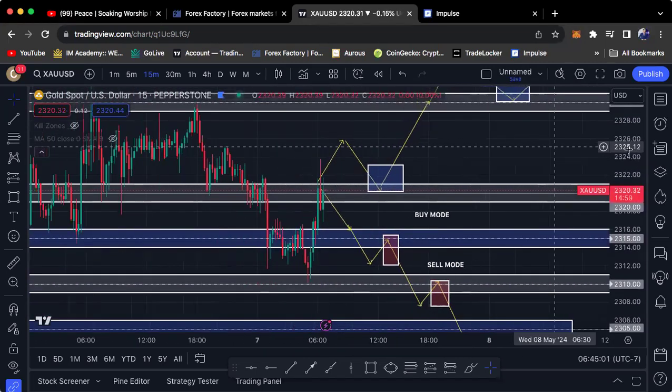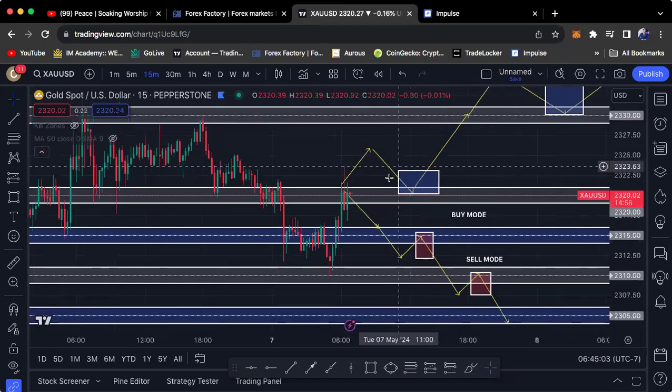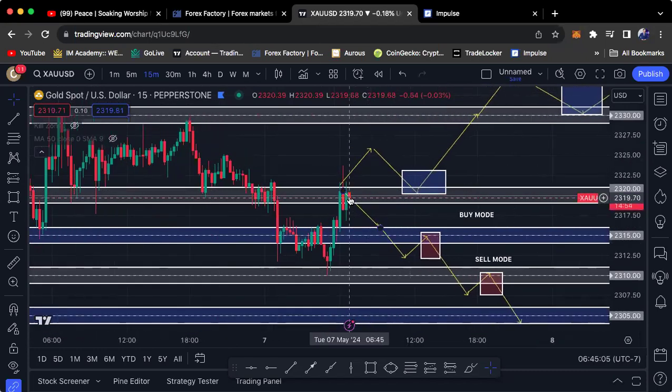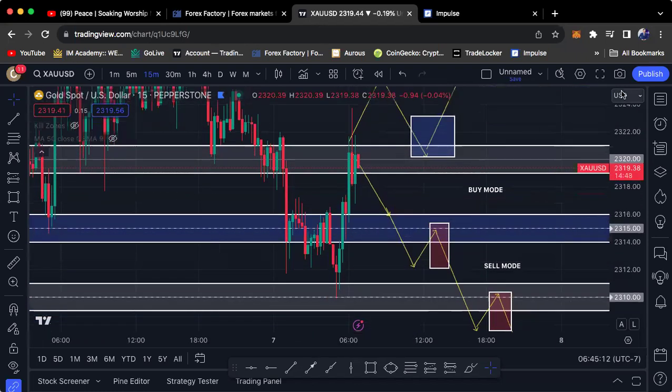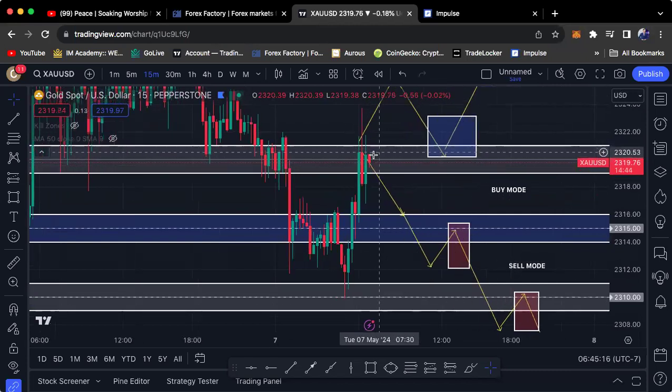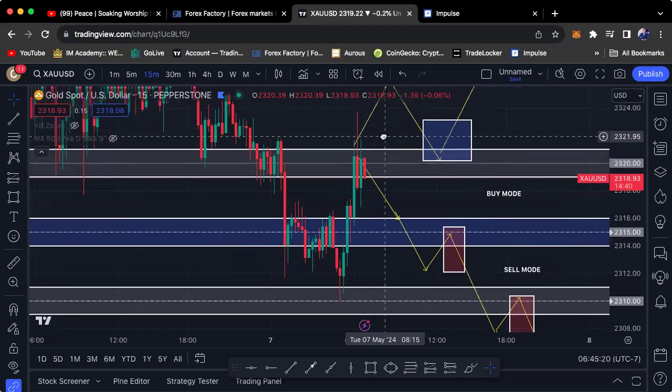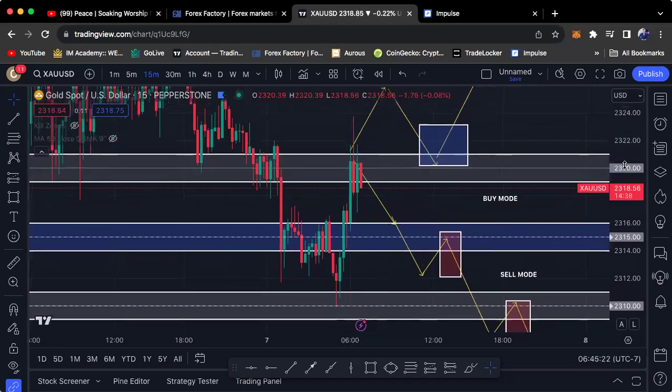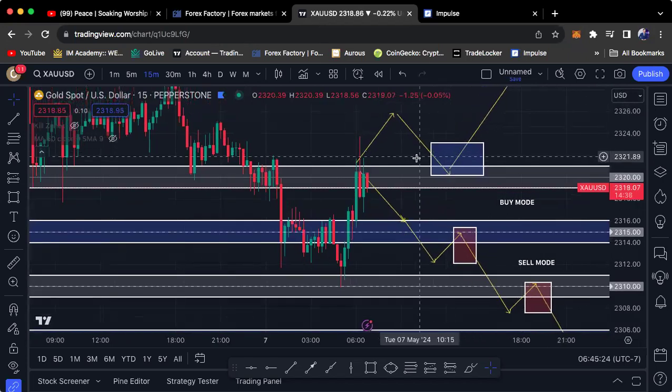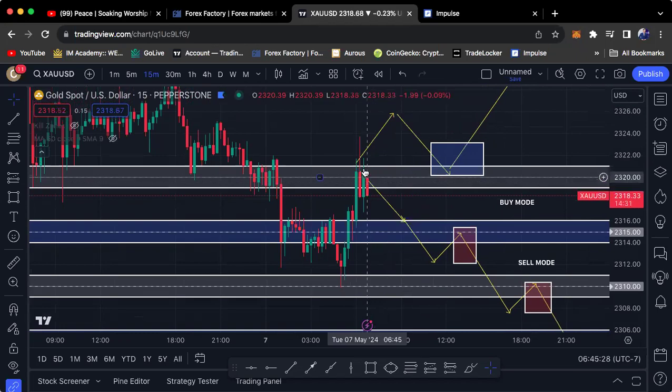So this is what I see. But right now you see how it didn't close above. This is a strong resistance area at 2320. You see how it never closed above. It just hit the 45-minute mark and it didn't close above structure.